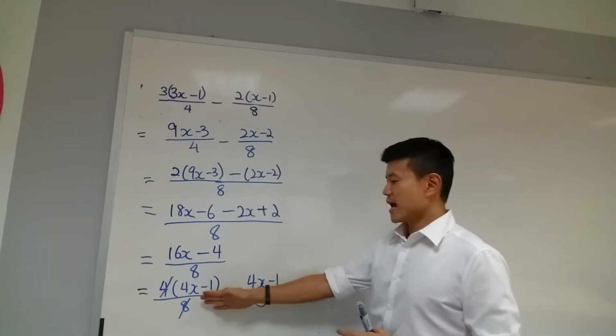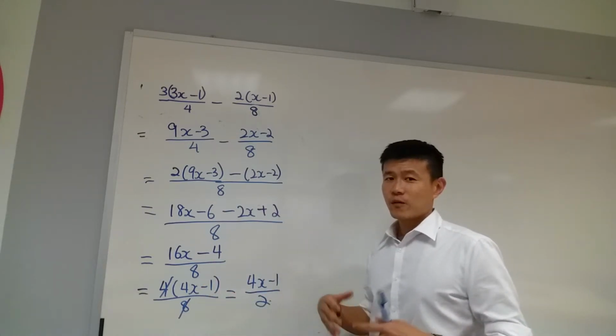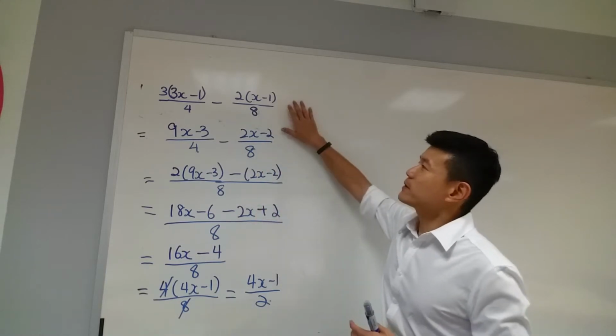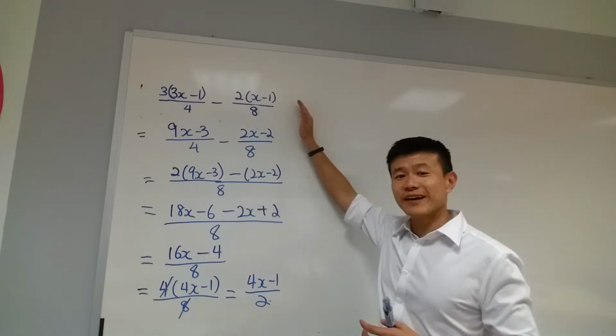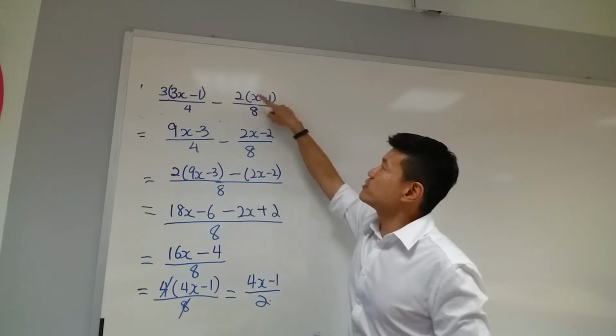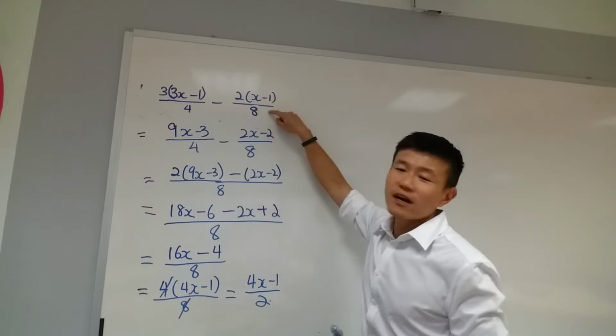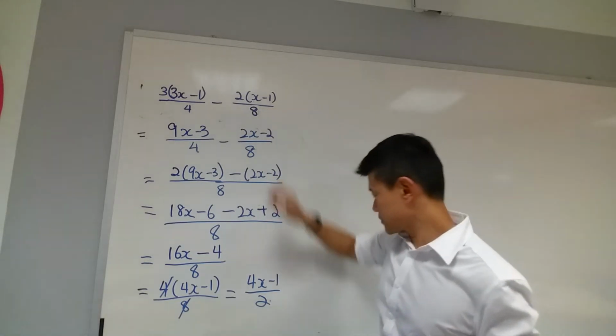How is it that I could arrive here and still simplify it further? What happened was, back up here, I could have simplified it myself already. This 2 and this 8 could have cancelled off already to give me a denominator of 4.